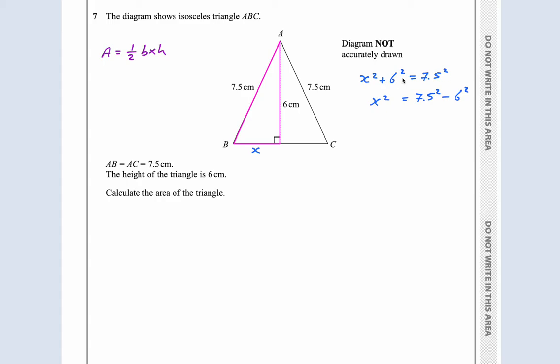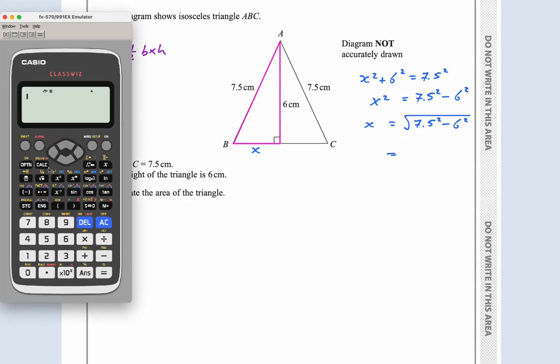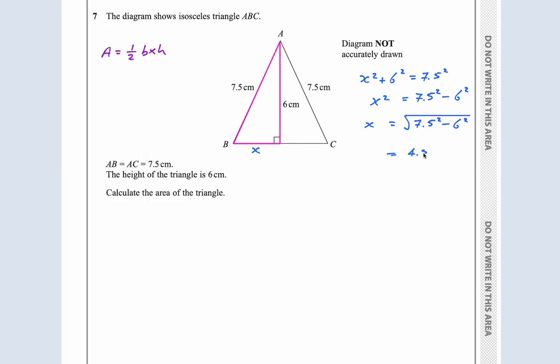You can work out 6 squared and 7.5 squared if you want, guys, but I'm going to do it all in one go on the calculator because it saves me writing everything down. So x is the square root of 7.5 squared minus 6 squared, which is 9 over 2, or 4.5. Okay, good. x is 4.5.